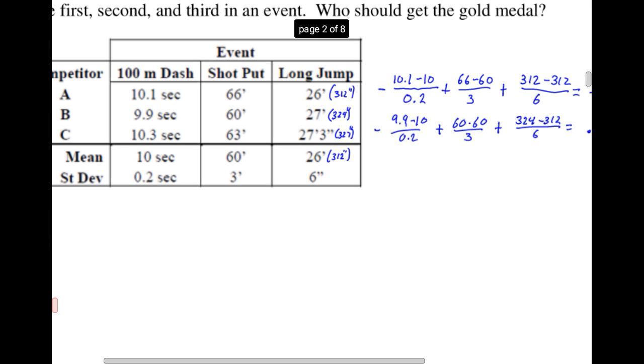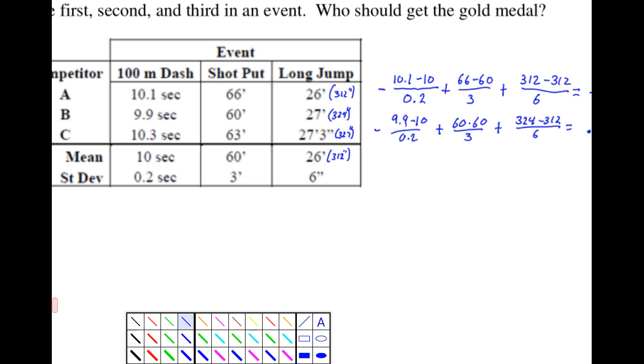So let's do C. Now C had a really slow 100-meter dash. So we're going to put that negative in front. We're going to have 10.3 minus 10 over 0.2. Again, I'm just using the information on each category. Then I have 63, so they did a longer shot put than competitor B, minus 60 over 3.